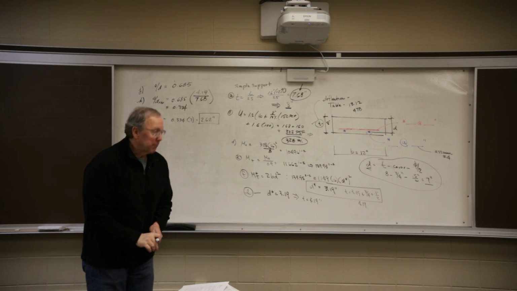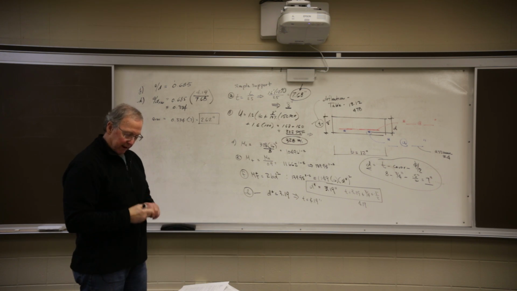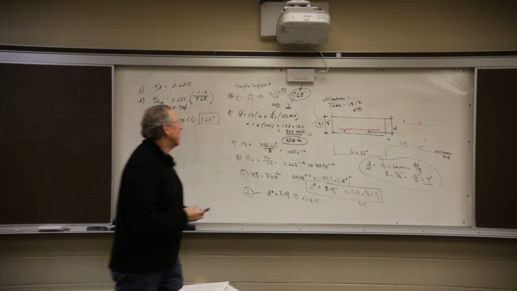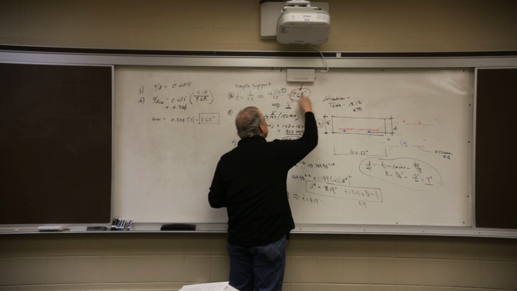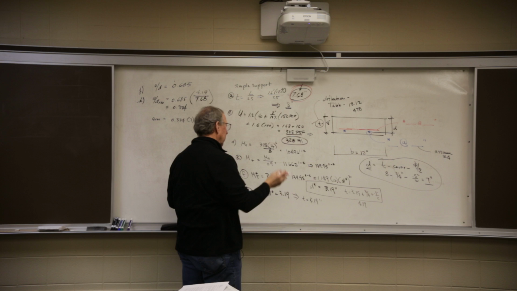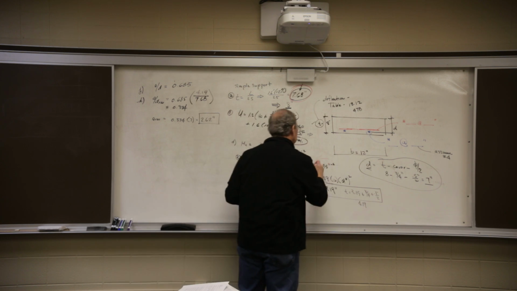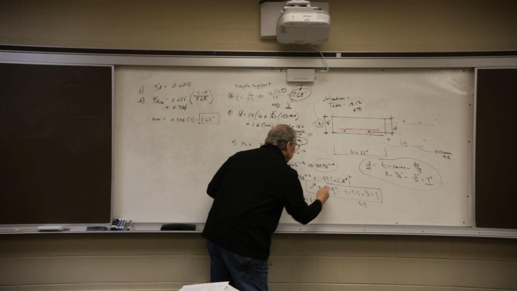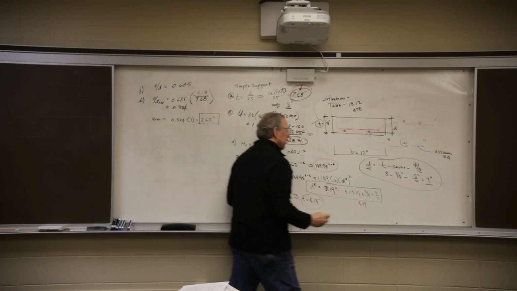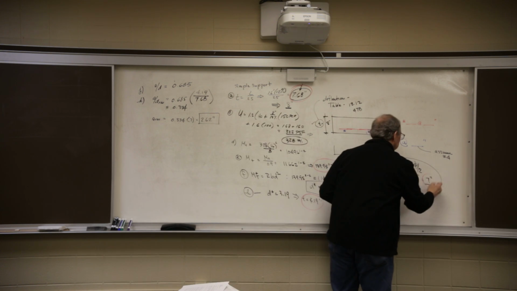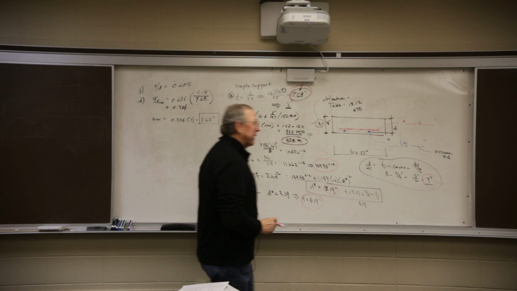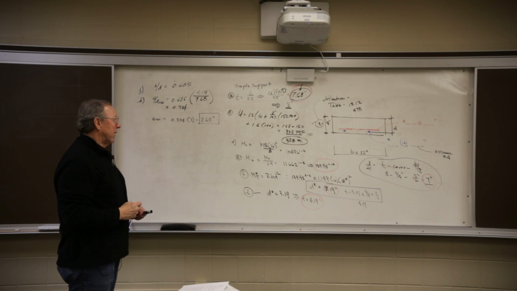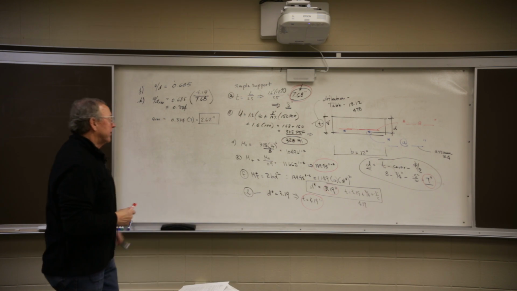Okay, so there's some numbers on this board that I really need to keep track of. One is this guy. One is this guy. One is this and this. And the other is this over here. So make sure you've got a handle on where those numbers are. This gives me the moment.